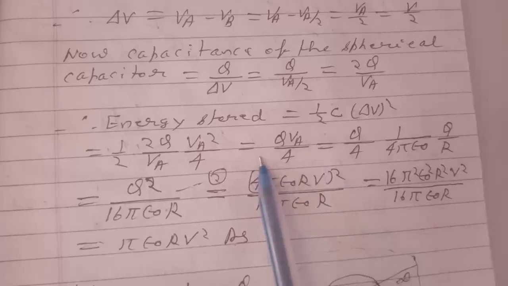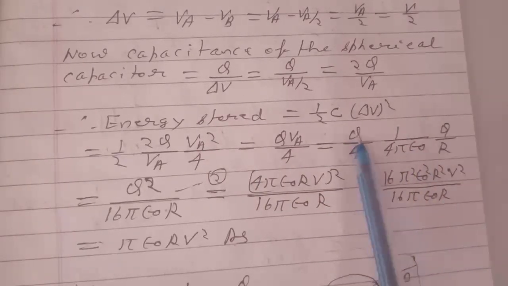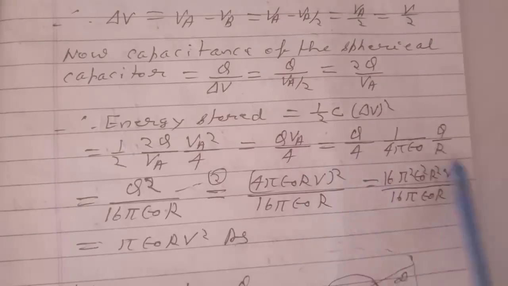Or Q by 4 into 1 by 4 pi epsilon naught Q by R, using the value of VA.